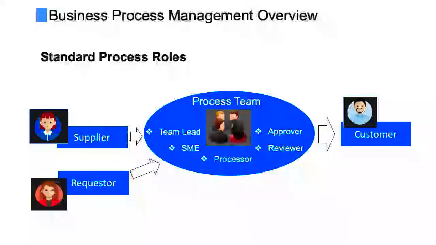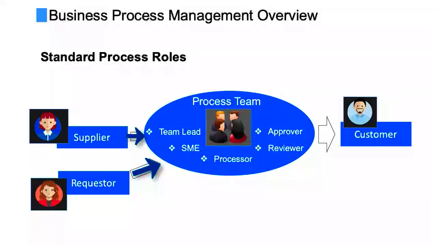Now this is certainly very high level, but each process, unless it's fully automated and all system generated, like my bank example, most of that was system behind the scenes, no people involved other than myself. But you could have a supplier that's providing something to the process team. You could have a requester that is requesting something of the process team that most of the time kicks off the process.